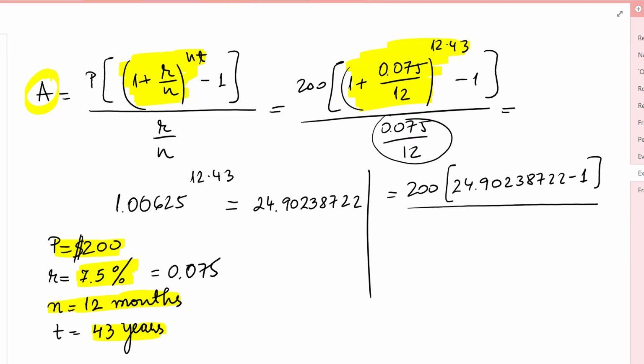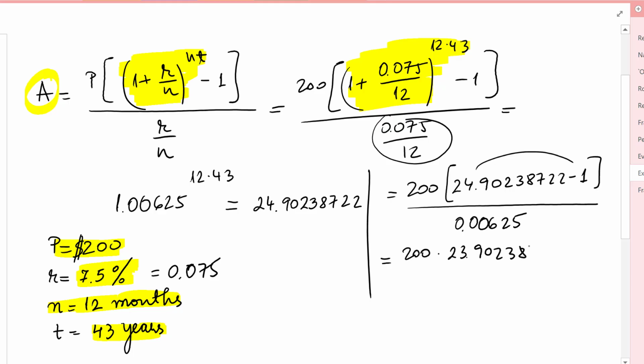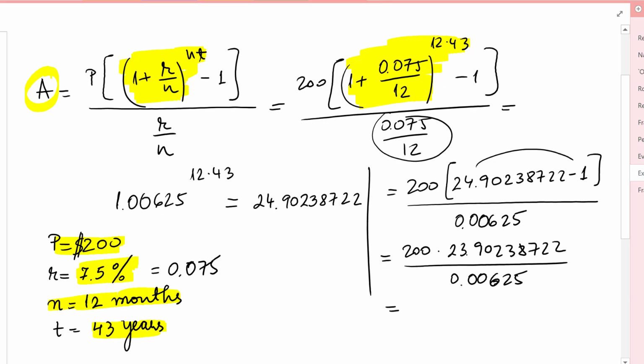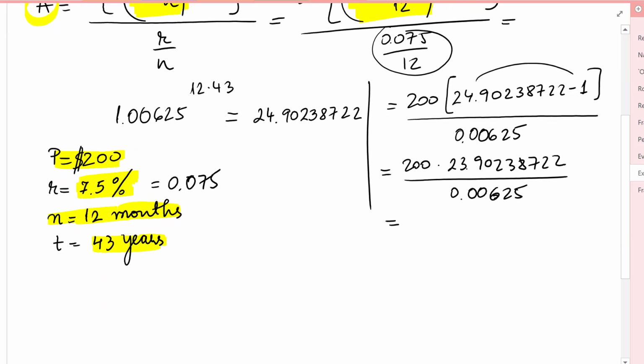And if you compute that, you will see that it's 0.00625, and as you can see, again, I'm not rounding anywhere. So 200 times, when we do the subtraction, is 23.90238722. Again, no rounding.